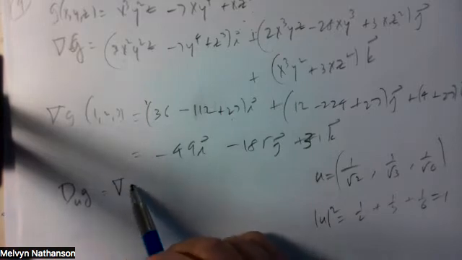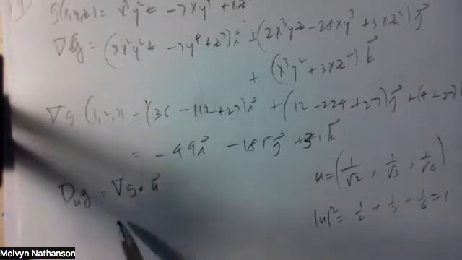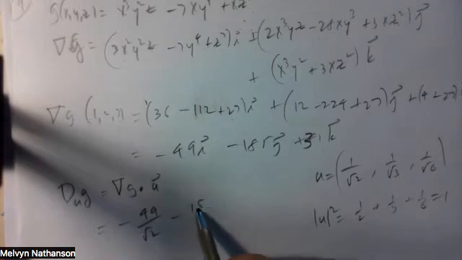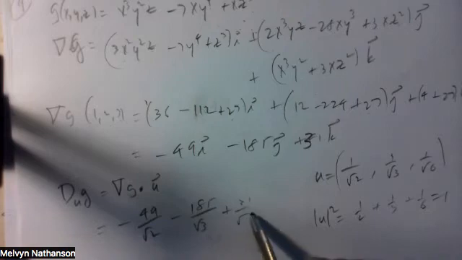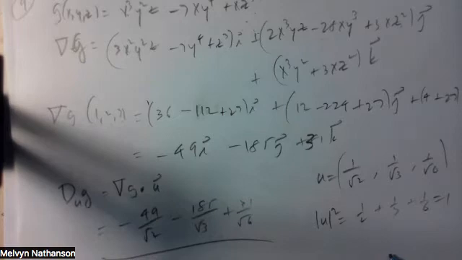So this is the gradient of g dot product with u. So I get some messy expression: minus 49 over root 2 minus 185 over root 3 plus 31 over root 6. Whatever number this is, it is the directional derivative of the function g in the direction of u.